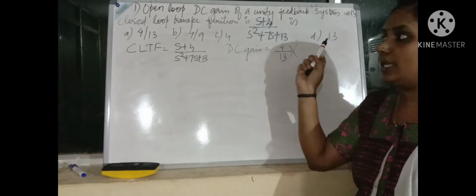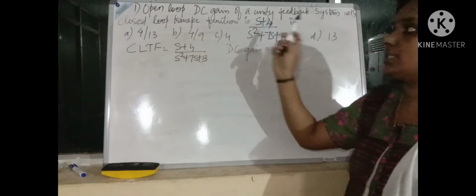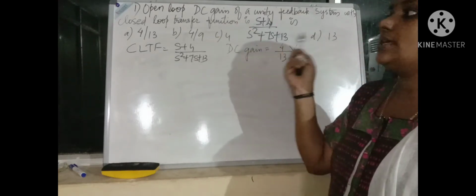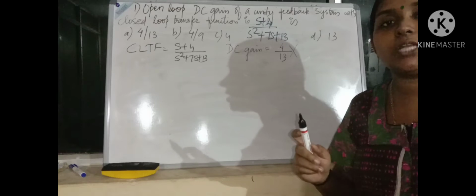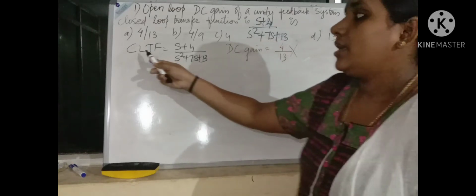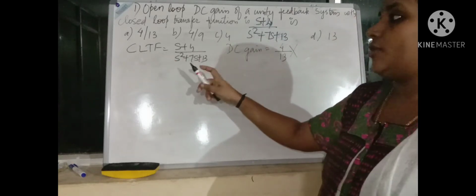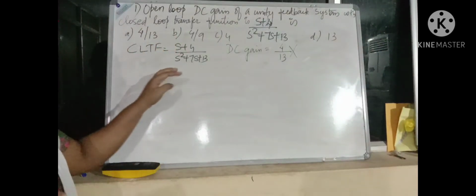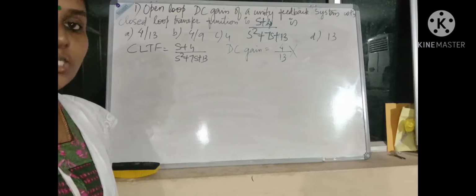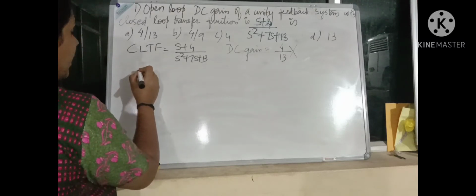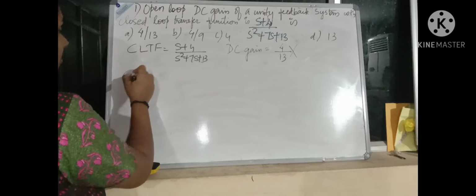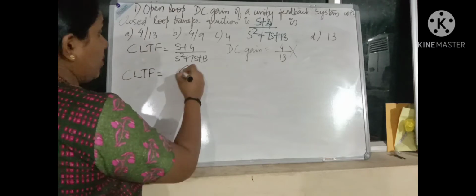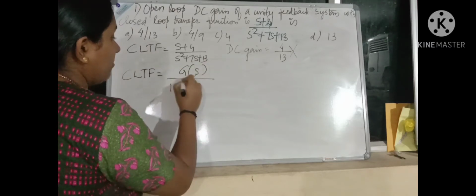Okay, clear? Here the closed loop transfer function is given. We have to find the open loop DC gain. So first find the open loop transfer function. In order to find the open loop transfer function, we should find the relation between the closed loop transfer function and the open loop transfer function. For a unity feedback system, the closed loop transfer function is G of s divided by 1 plus G of s.